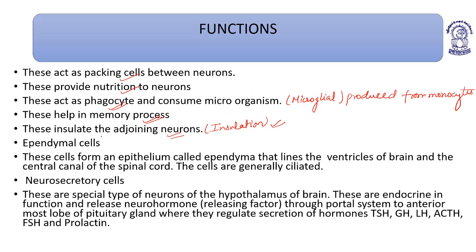Then comes the next category, that is ependymal cells. They are cuboidal and ciliated epithelial cells. They make an epithelial lining called ependyma that lines the ventricles of the brain and the central canal of the spinal cord.